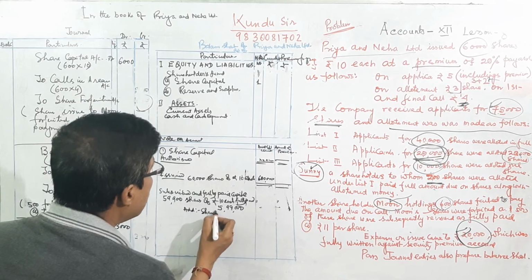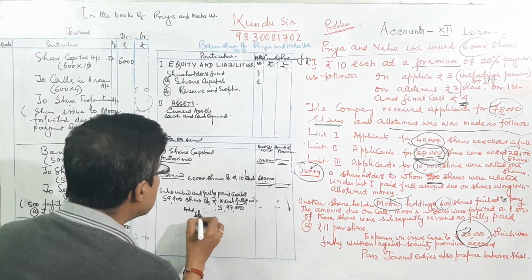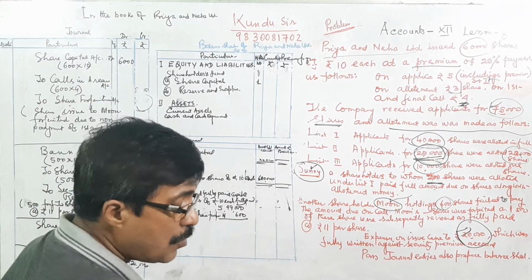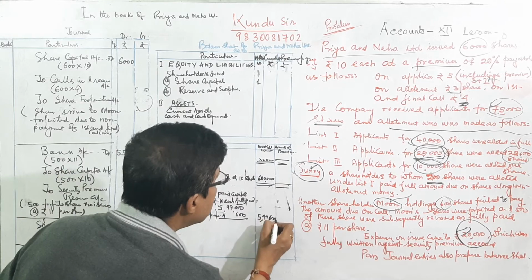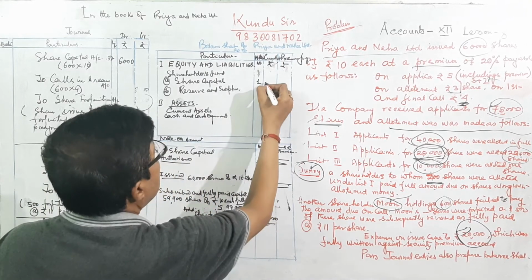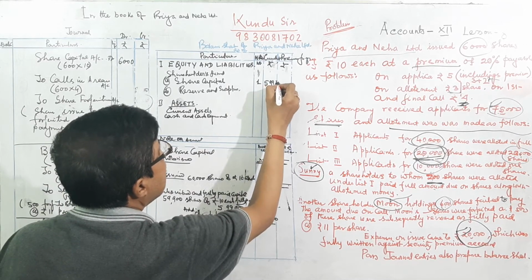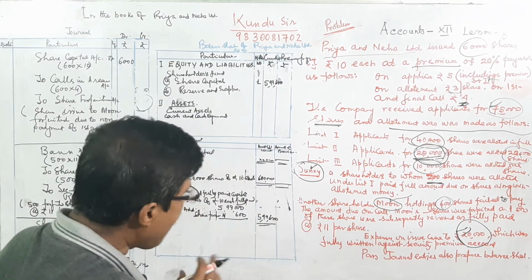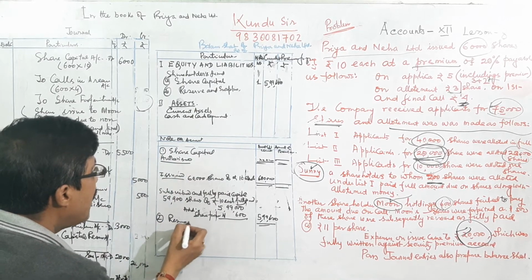Then the amount is 5,99,000 plus 600, that is 5,99,600.